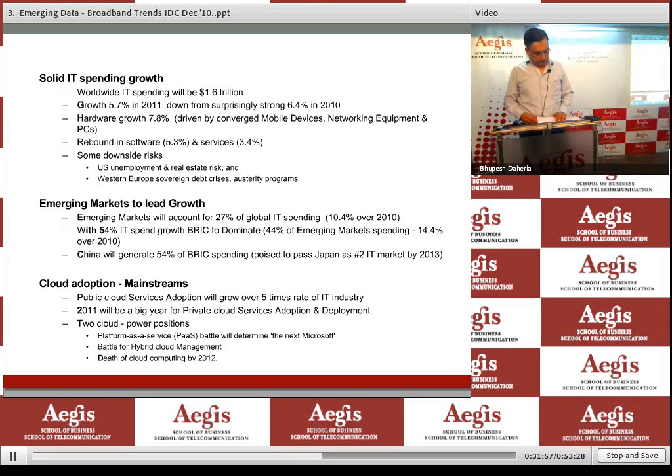So it says emerging markets will account for 27% of global IT. So a huge push in the emerging markets, and the cloud adoption, which I think I mentioned. If the IT industry is growing at the rate of 1, the cloud adoption will grow 5 times of that. That shows that the growth rate is far higher.